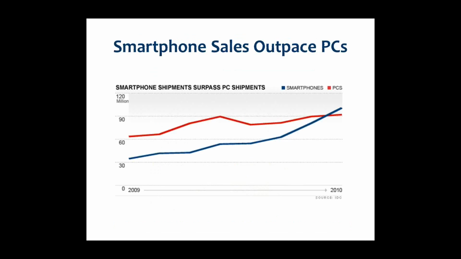Smartphone sales outpaced PCs in 2010. Manufacturers shipped 100.9 million smartphones to stores around the globe in the last 3 months of 2010 compared to 92.1 million PCs. And that was according to a study released in February of this year by IDC and was reported by CNN Money the same day.